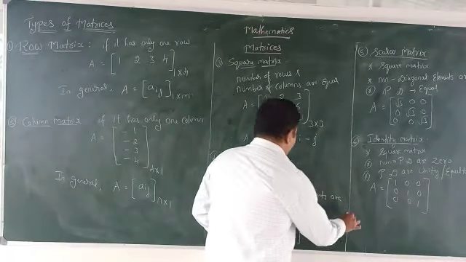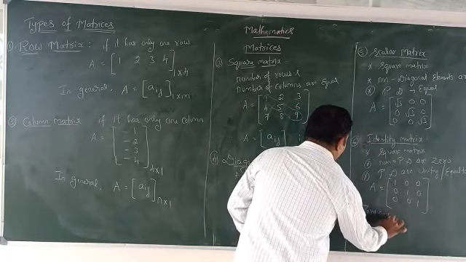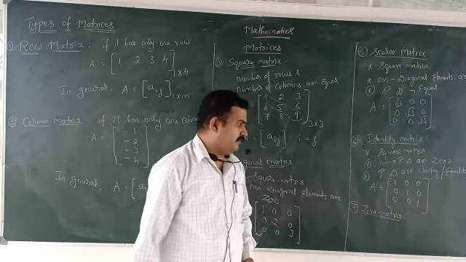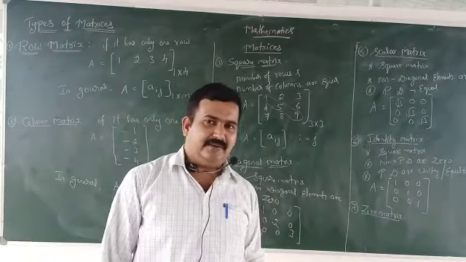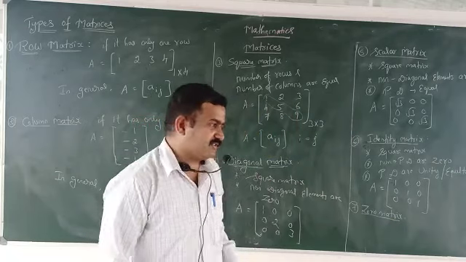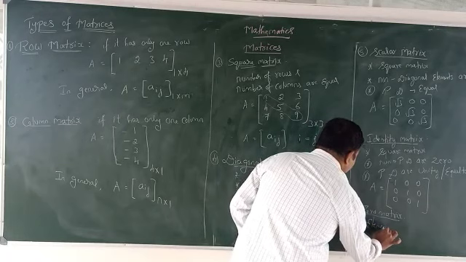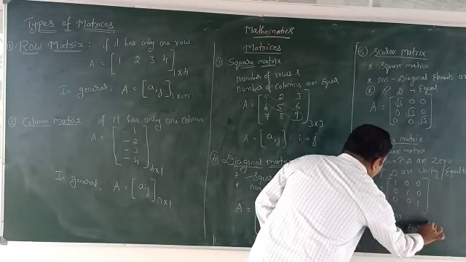And the last one, as we know, is the zero matrix. What do you mean by a zero matrix? A zero matrix is a matrix in which all the elements are equal to zeros.